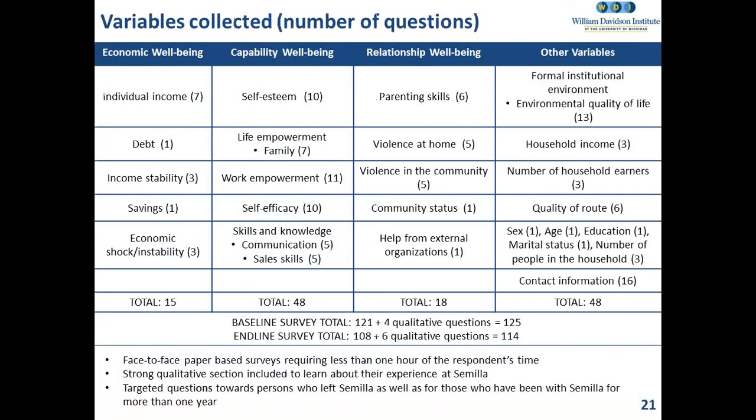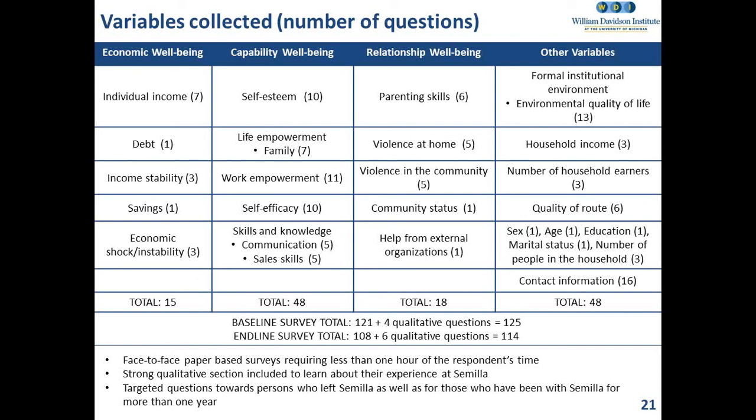Looking at the variables collected and the number of questions, all the variables that are being collected can be found on your screen. The number in the brackets is the number of questions for each variable. For the baseline, we have a total of 125 questions, which we are able to ask within 60 minutes, which is the recommended survey length by experts.